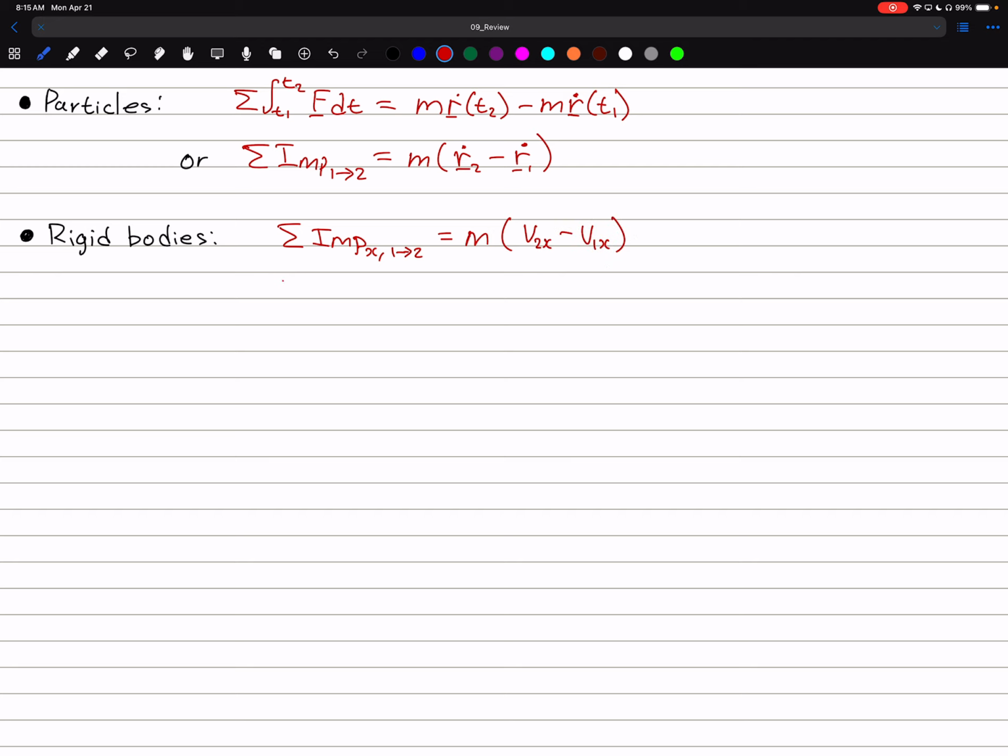And then we'll also have the sum of the impulses in the y direction from 1 to 2, equal to the mass times the speed v2y minus v1y. That's our linear momentum. We'll say linear impulse momentum, or translational.